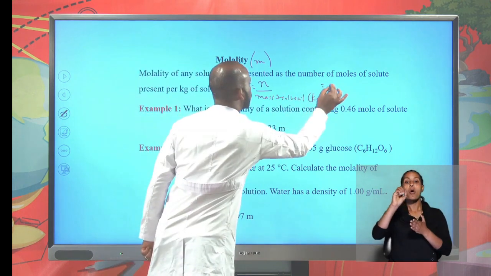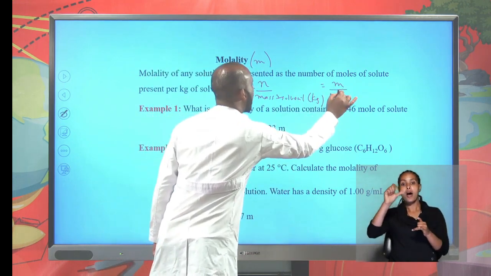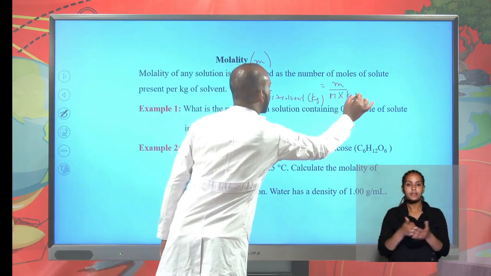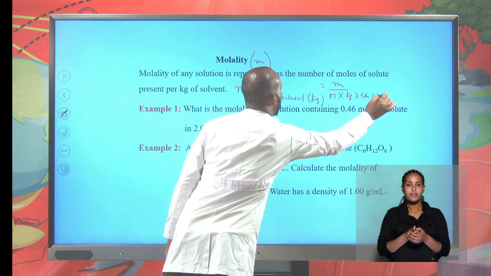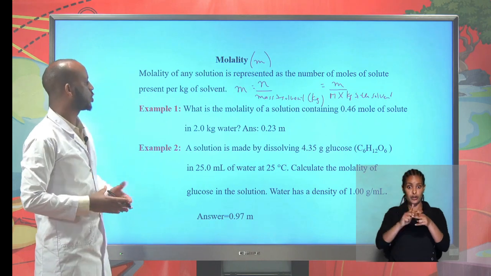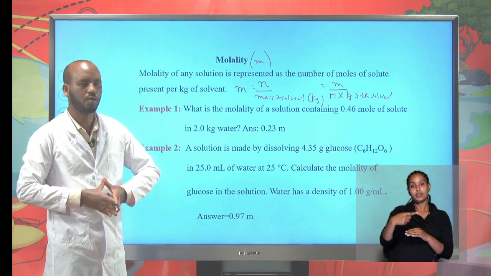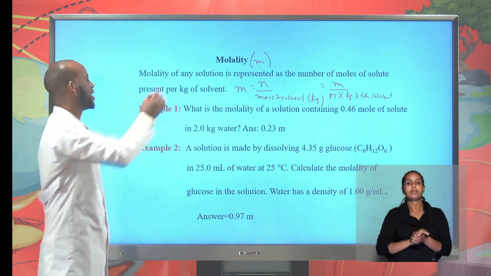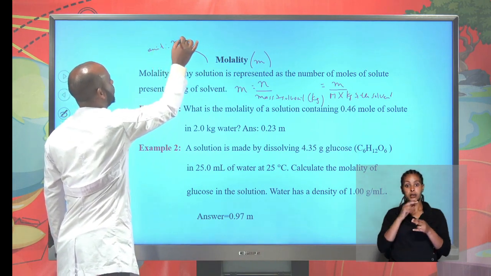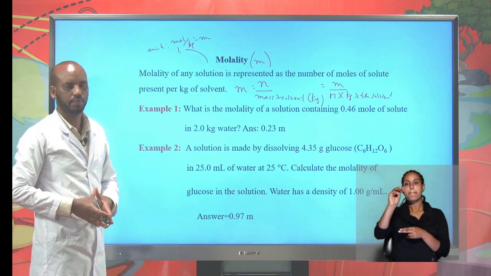Number of moles of solute is mass of solute divided by molar mass of the solute. The unit of molality is mole per kg, which is known as molal, small m.